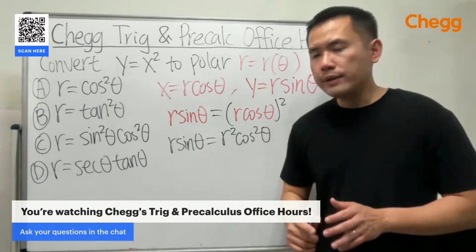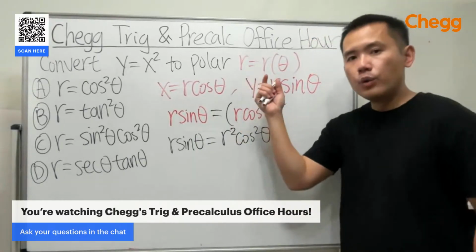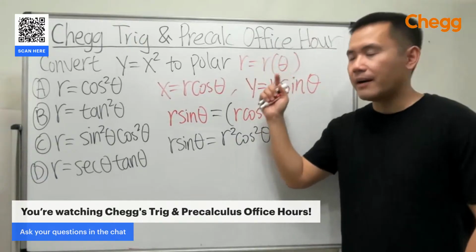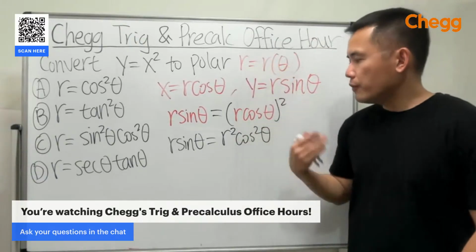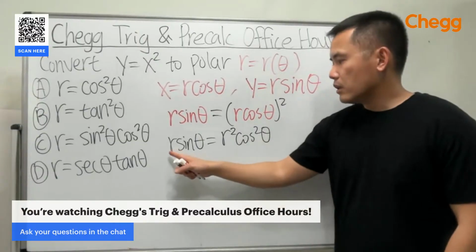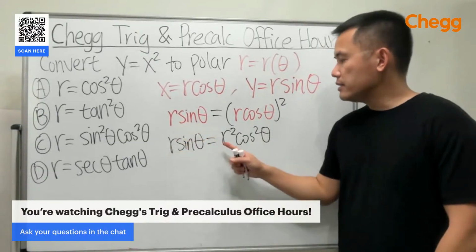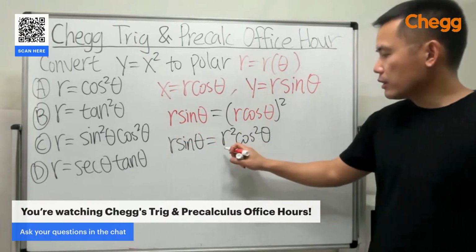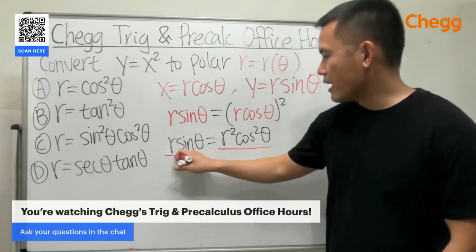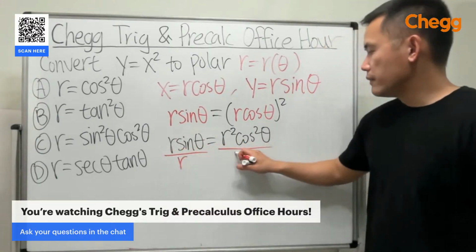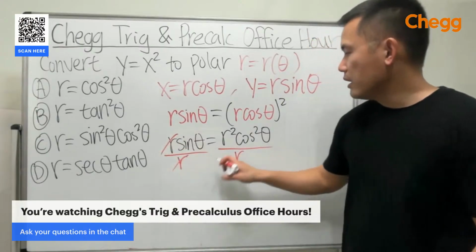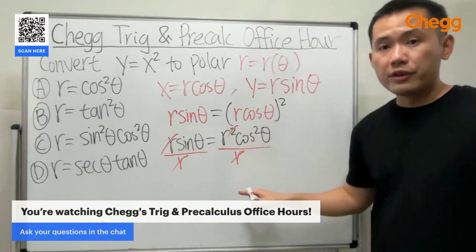Now, our goal is to get r by itself. We want to write r as a function of theta. We have r to the first power here, and this is r to the second power here. So let's go ahead and divide both sides by r.